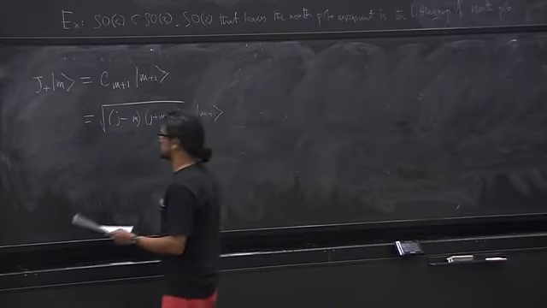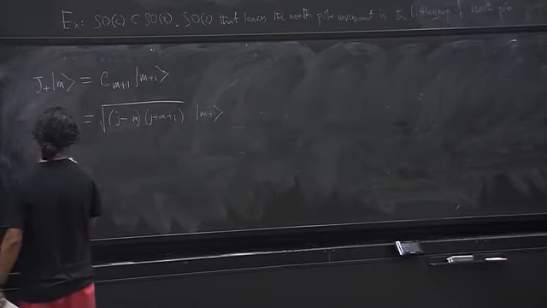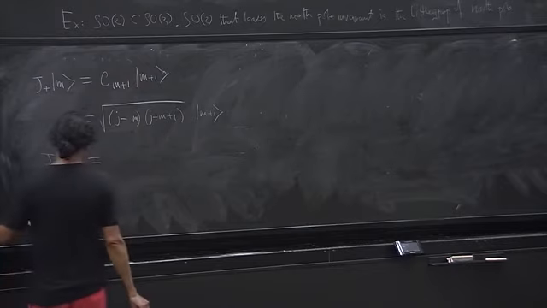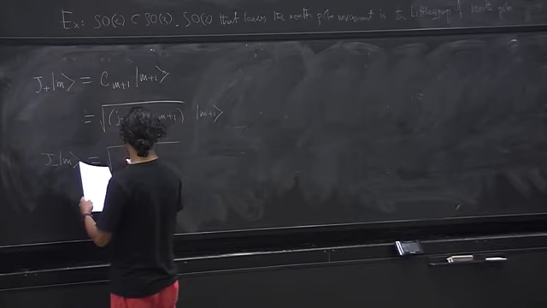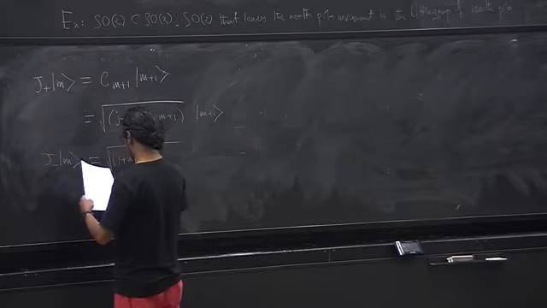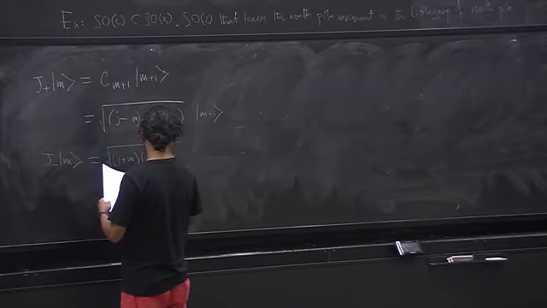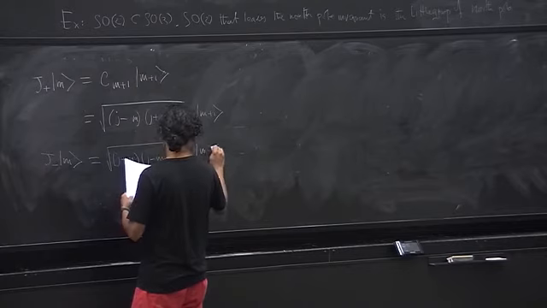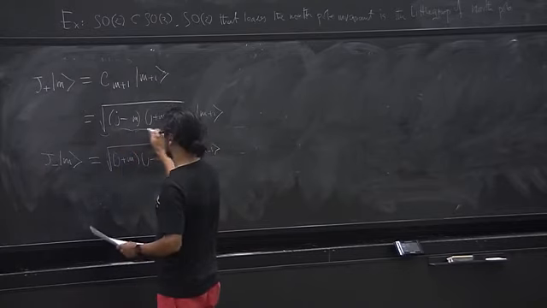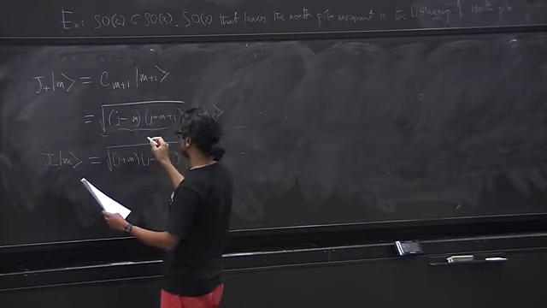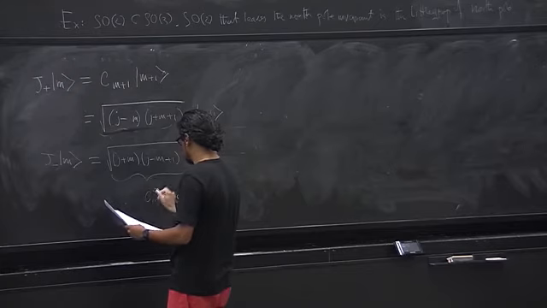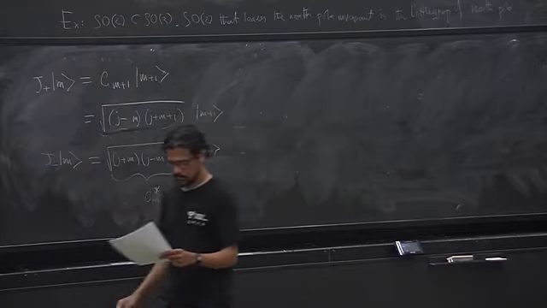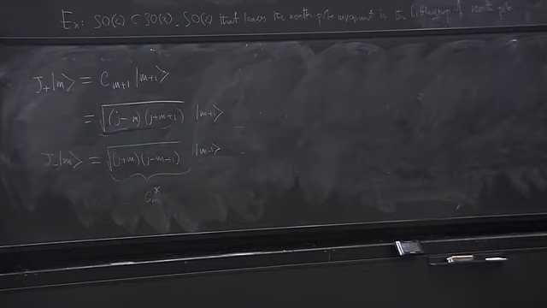Okay? And similarly, if you have J minus of m, it should give us J plus of m, J minus of m plus 1, <m-1|, right? So this thing is C m plus 1, and this thing is C m star, right?